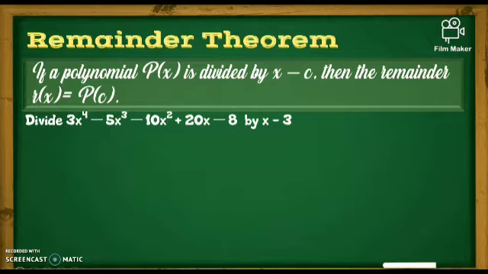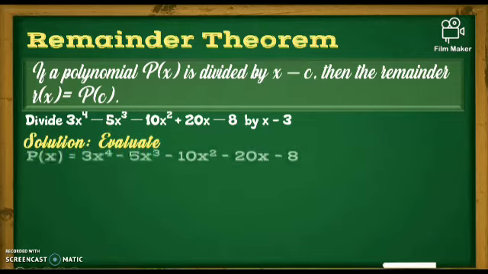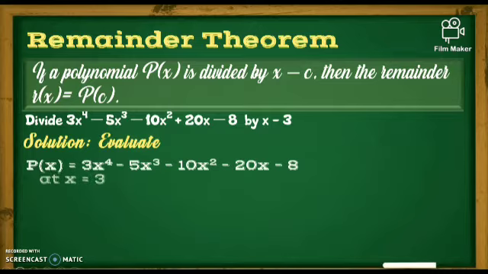Say we have 3x raised to the 4th minus 5x cubed minus 10x squared plus 20x minus 8 is divided by x minus 3. So set the divisor to 0. Then the value of x is equal to 3.